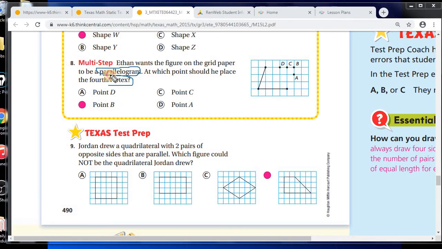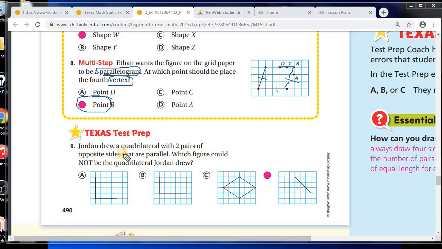Knowing the opposite sides have to be the same size, if you put the vertex here and you go across, you're not going to have this side the same. So you have to go all the way to the B, and then you go down. I know that's not straight enough, but your answer would be B, because you need to make these the same size and make these 2 the same size.